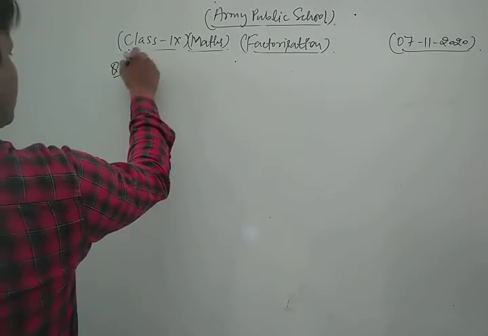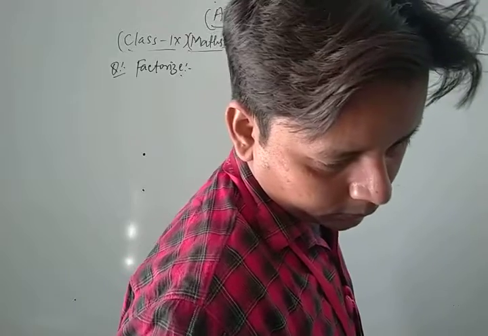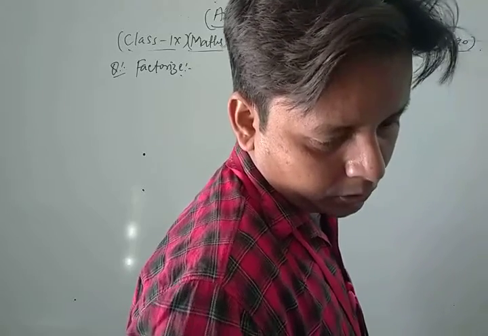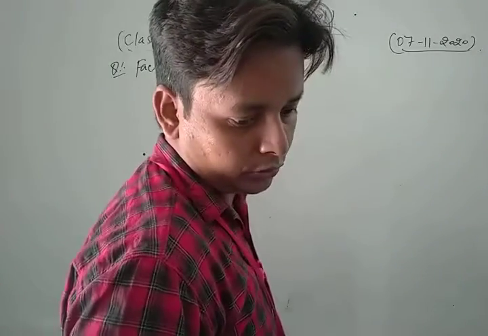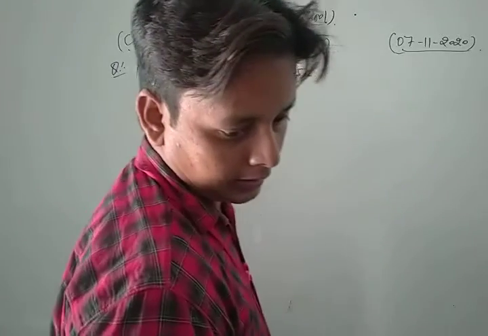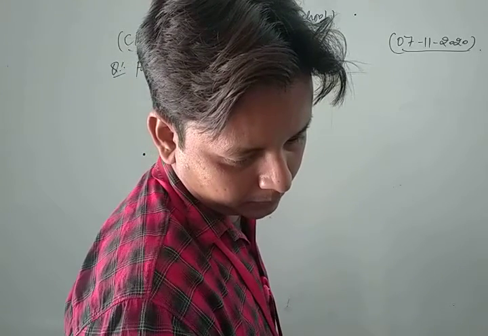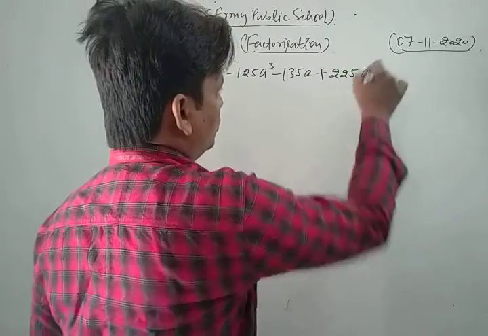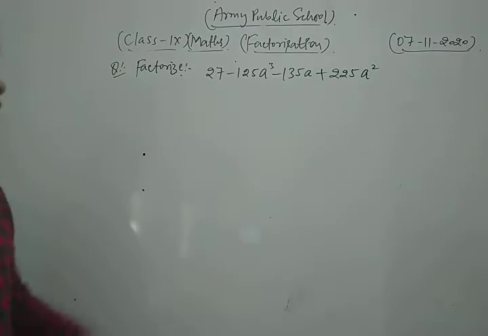We take an NCERT question: factorize 27 minus 125a cube minus 135a plus 225a square. Okay, now look, this is the question I have.